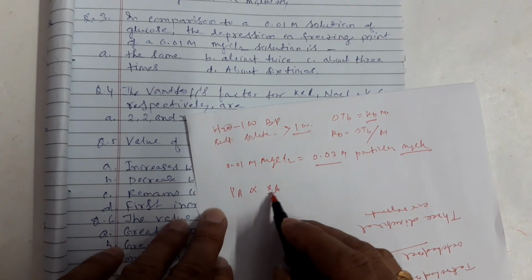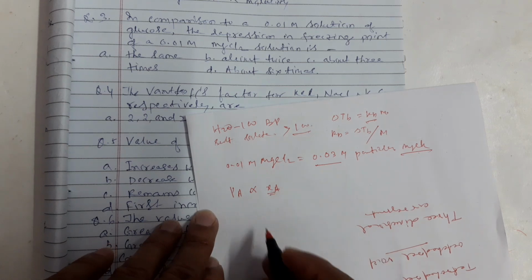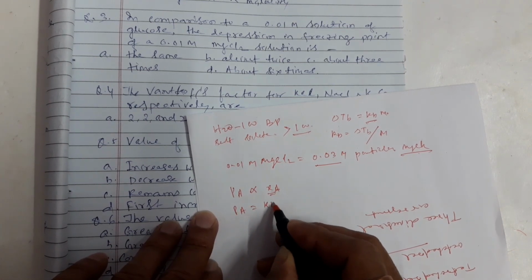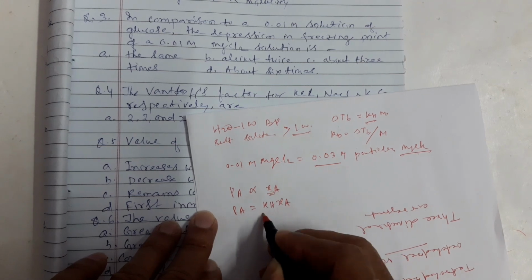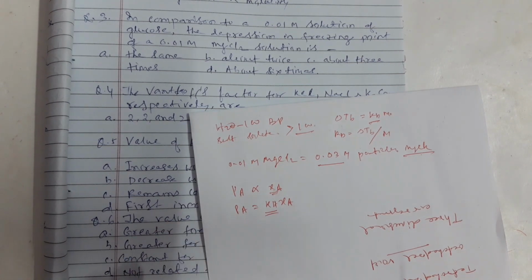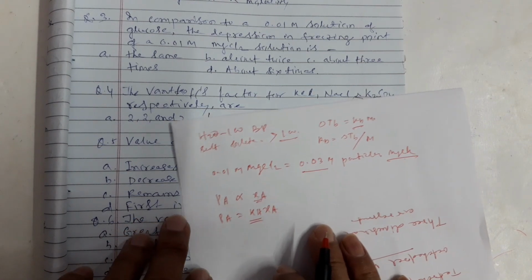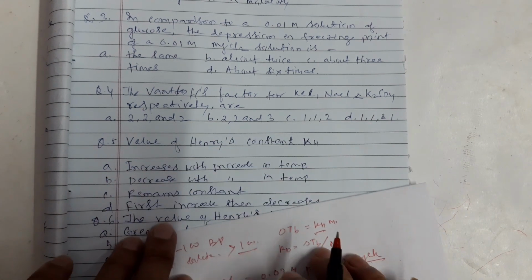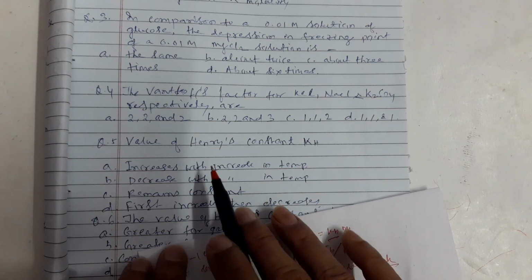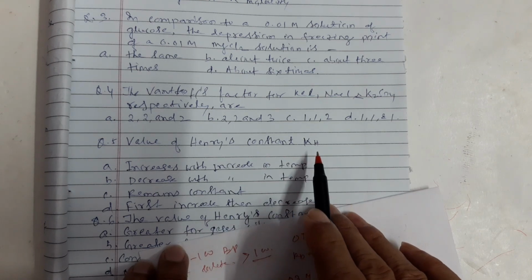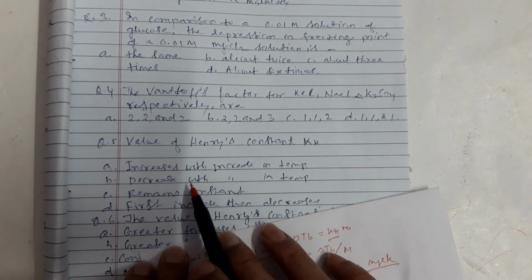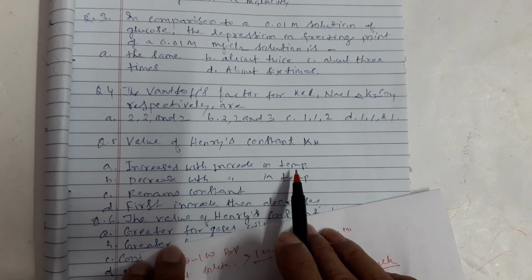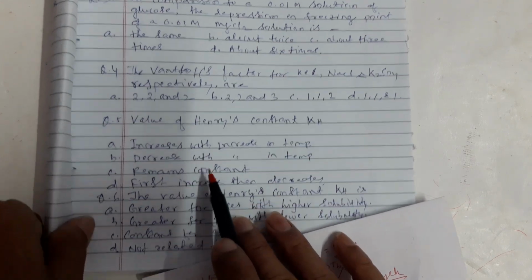So you can write partial pressure is equal to Kh times mole fraction. This Kh is known as Henry's constant. The value of Henry's constant Kh increases with increased temperature. So choice A is the correct answer.